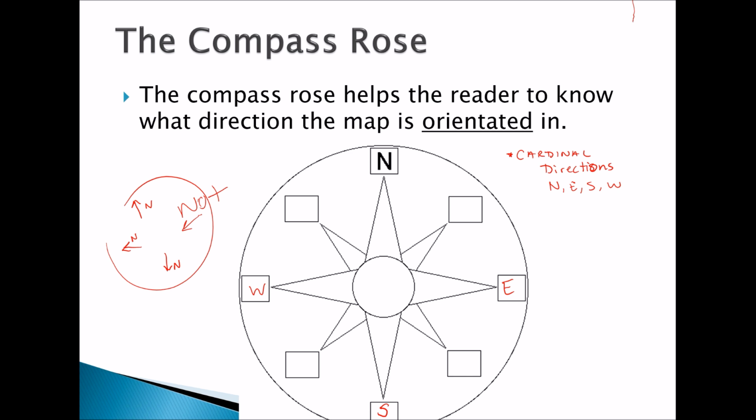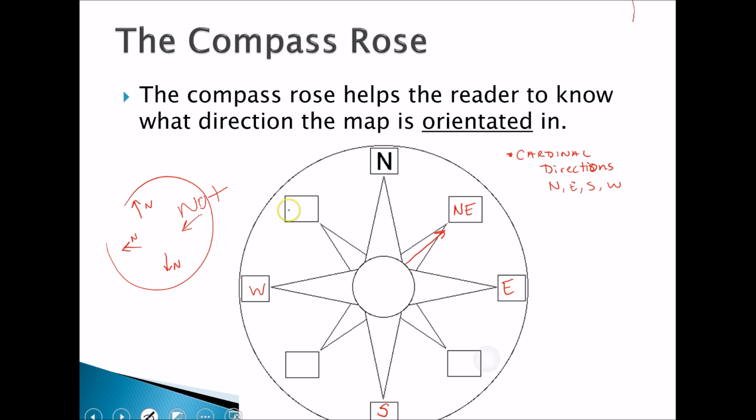Intermediate directions are those points in between north and east, east and south, south and west, and west and north. We always use north or south first to give us our general direction, whether it's above or below. And so we have northeast, because it goes right here. It's north of the east point.